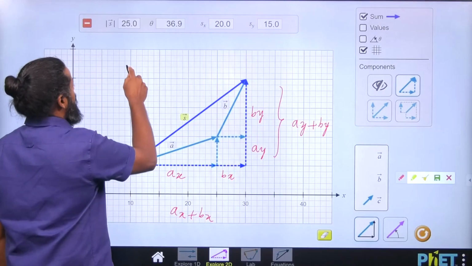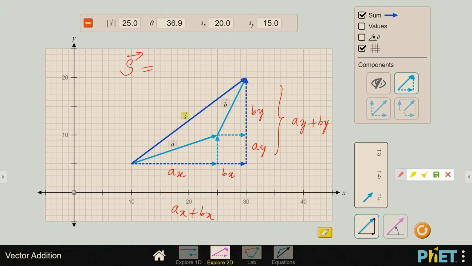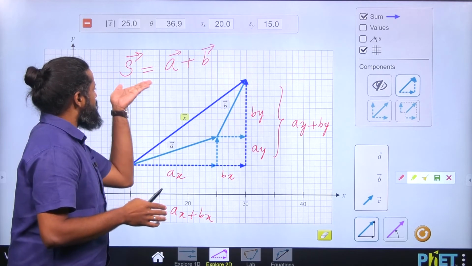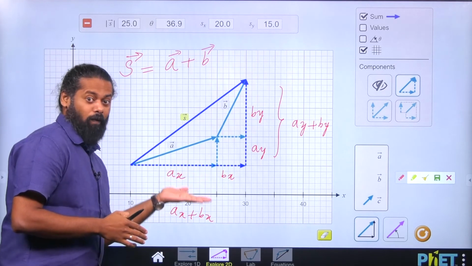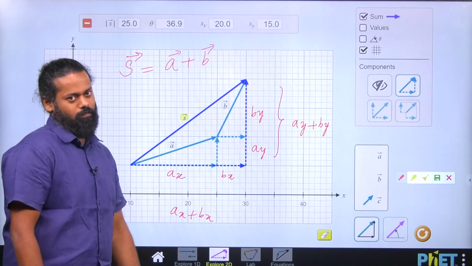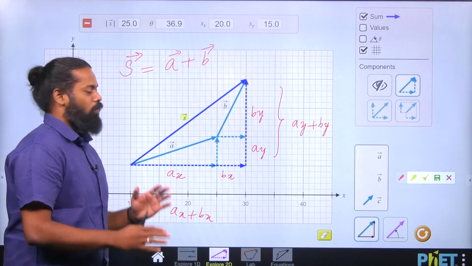So, we can say S vector is going to be equal to A vector plus B vector. This is as per vector algebra. So, this is coming from the idea of components. If you split into components, we can see how this comes into the picture. I hope all of you understood this.